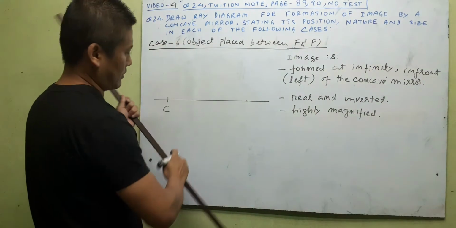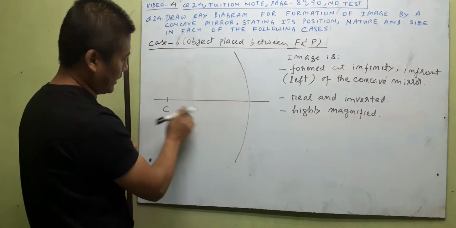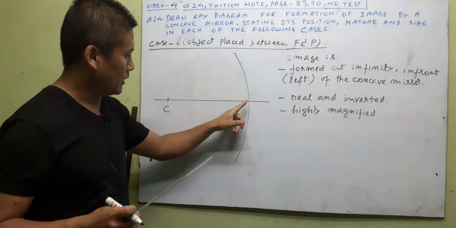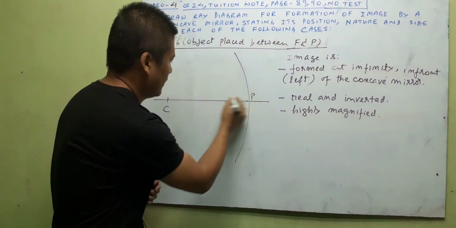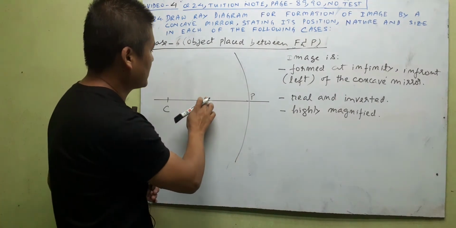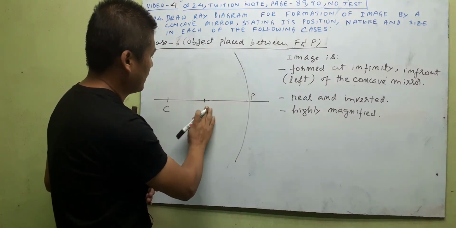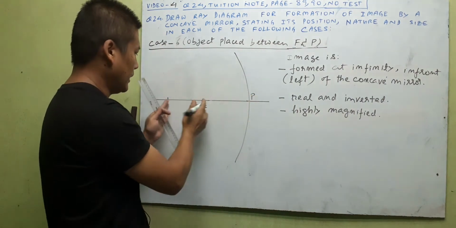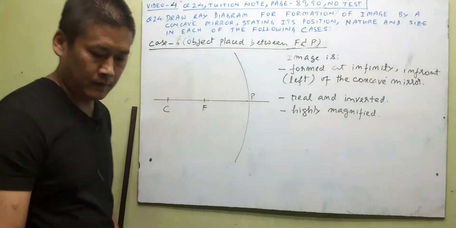We need space in front, so take 6 centimeters from your scale, because the object is going to be between P here and halfway here. F means we need some space in front to draw the rays, so that's why take 6 and divide into half, 3. At 3 you mark the F, okay?